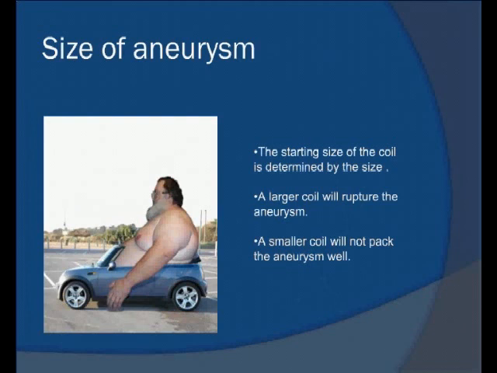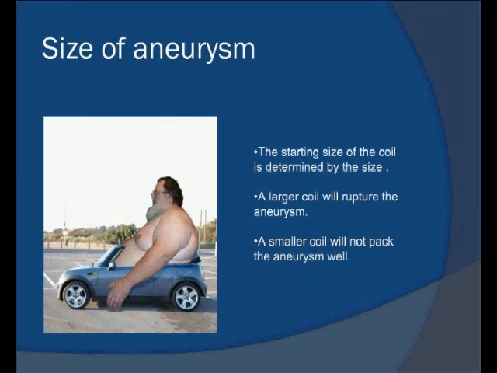Another factor that one has to keep in mind while treating an aneurysm is the size of the aneurysm. Why is the size important? It's important because the first coil that we place will be determined by the diameter of the aneurysm. So if you oversize the coil, the aneurysm will rupture. If you undersize the coil, you can never really pack the aneurysm completely.